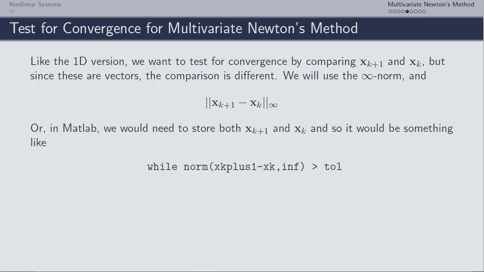And so when we do that in MATLAB, we'll need to store both of those iterates. We'll have to keep those around in order to compute the norm, right? So we want a while the infinity norm of xk plus 1 minus xk is greater than our tolerance, we'll keep going.